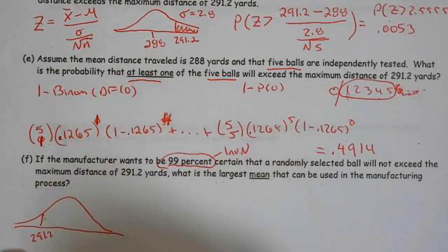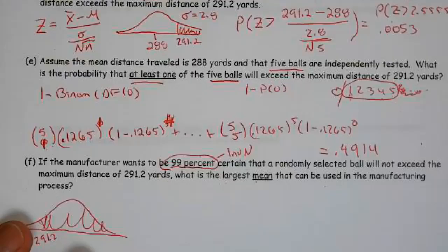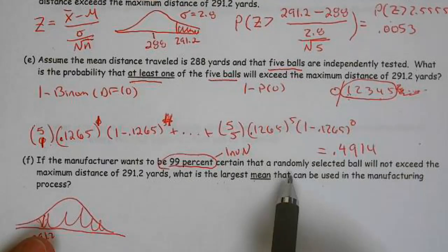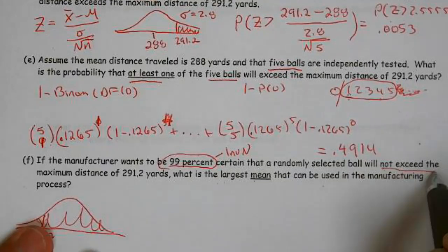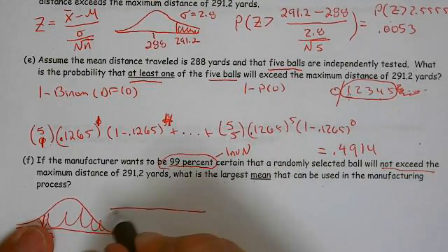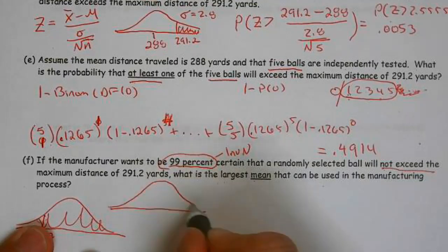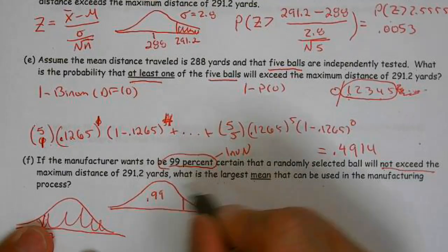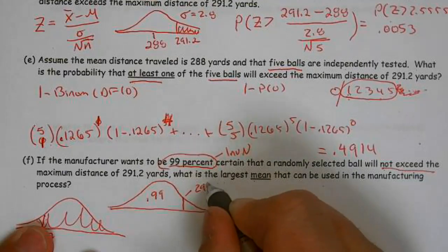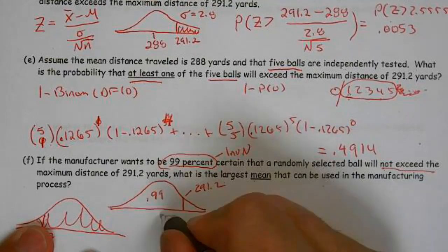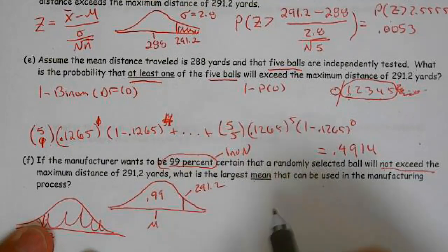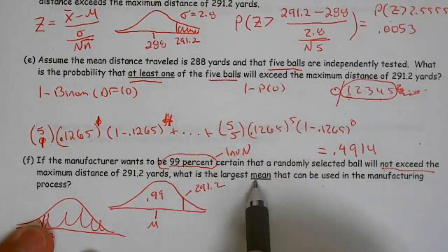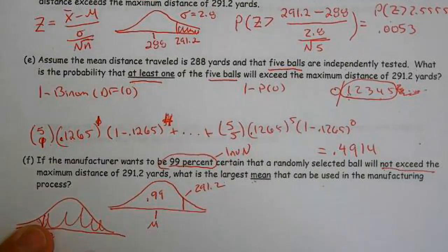And when I do that, hold on for just a second. I need to reread that question. It says will not exceed. So we have to be below that. So this area needs to be 0.99, and we need to be 291.2. But we're looking for the mean. We don't know what the mean is in this case because they want us to find what is the largest mean that can be used in the manufacturing process.